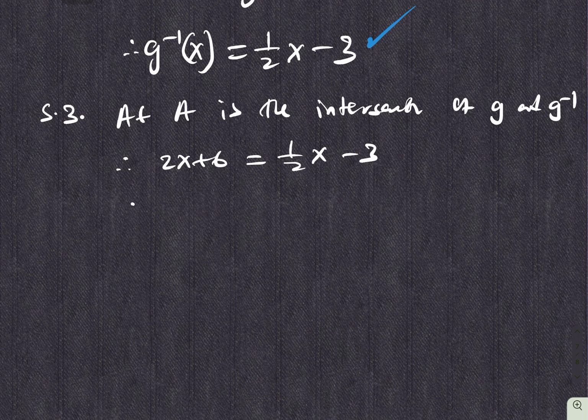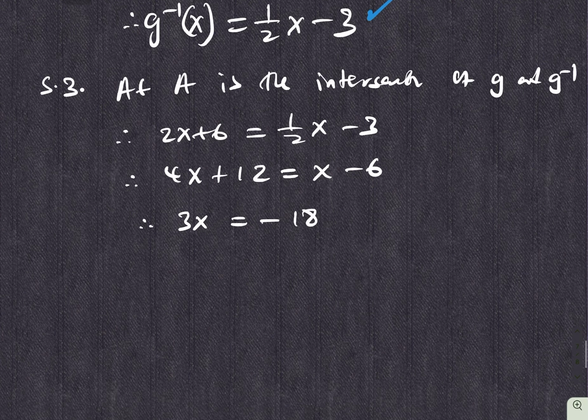And as a result, I'm going to multiply everything by 2 to clear the fraction. And that is 4x plus, this should be 12, I guess. This should be 12 equals x minus 6. Therefore, this should be 3x equals, you transpose 12 that side, it really becomes negative 18.